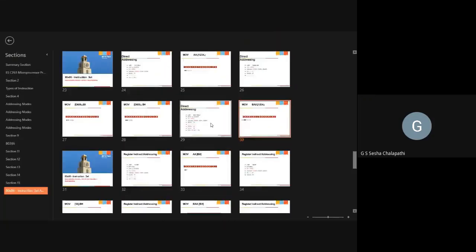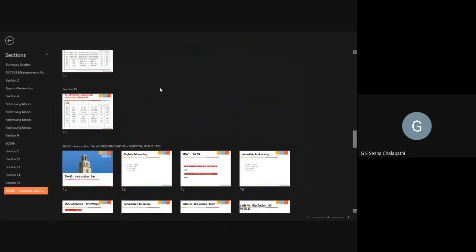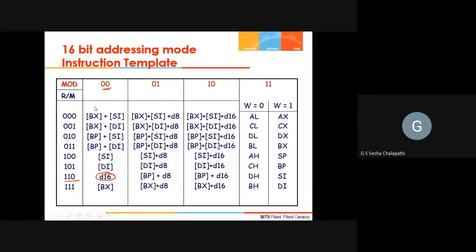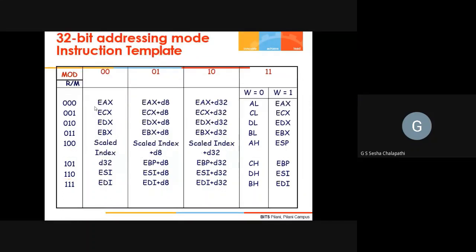Here you will actually be using the 32-bit address template. You will be using the 16-bit address mode, and you will use the data as 32-bit, D32. Because you will be using the 32-bit address mode, you will mention it as D32.